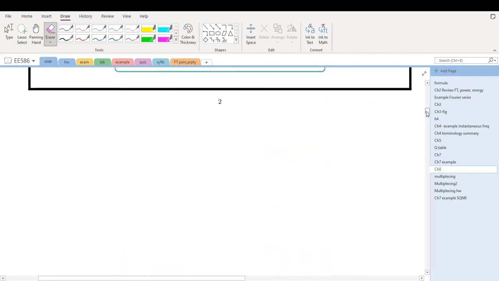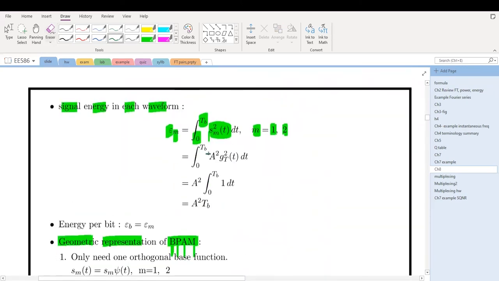When we square that, minus A or plus A squared becomes A squared, for either m equals 1 or 2. Because this quantity is squared, that's A squared times g(t) squared. Mainly you take this waveform and square it.